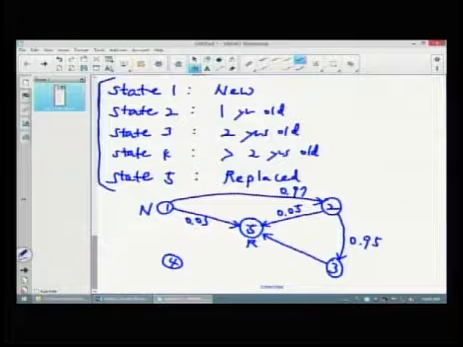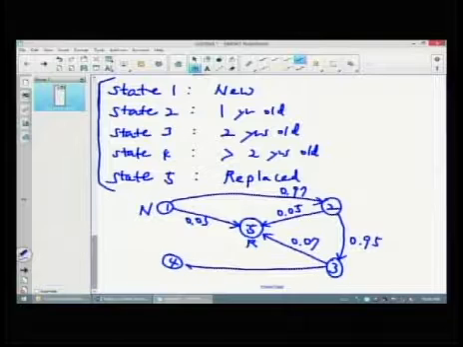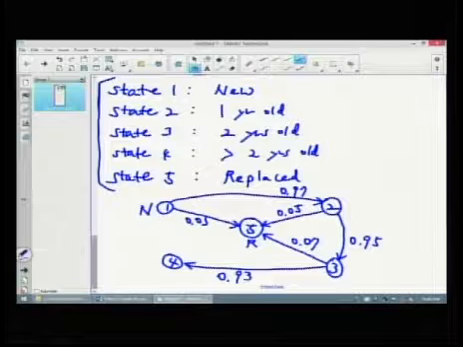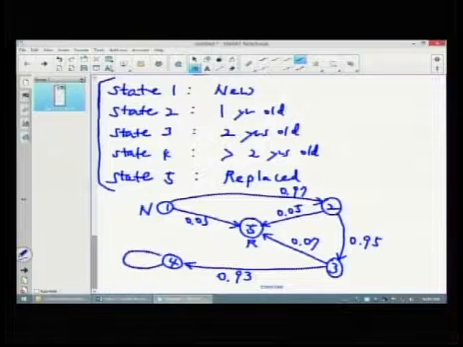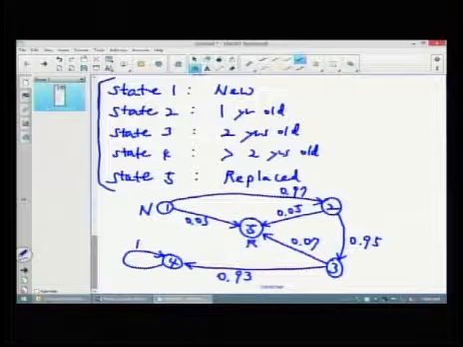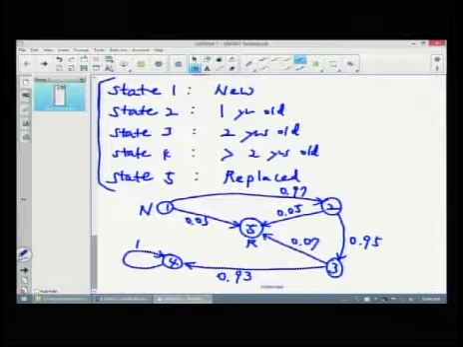Similarly, 7% will be replaced, and then 93% will survive. Okay. As before, this is going to be an absorbing state, right? Once it becomes older than 2 years machine, then it just stays there, right?